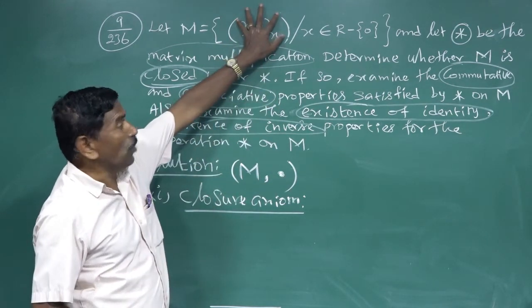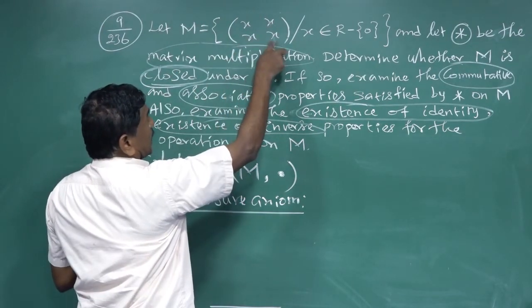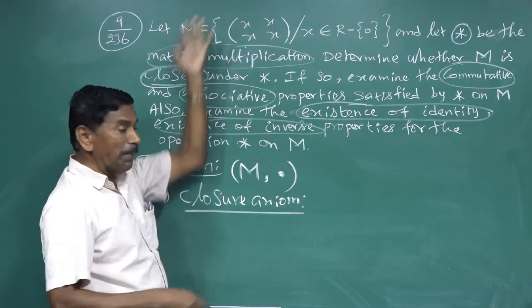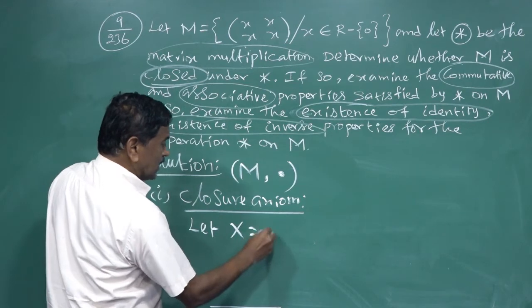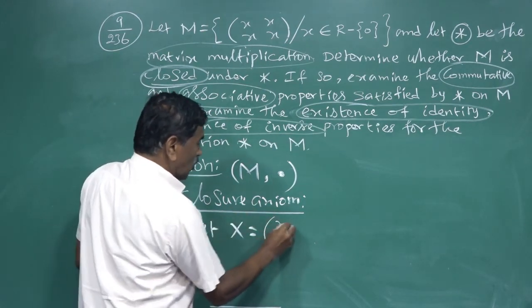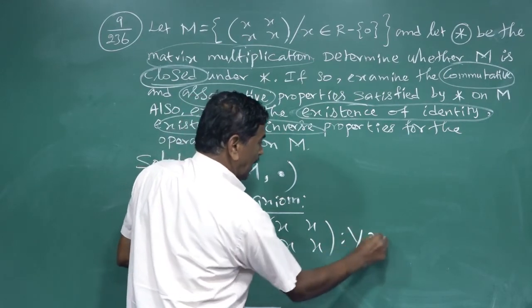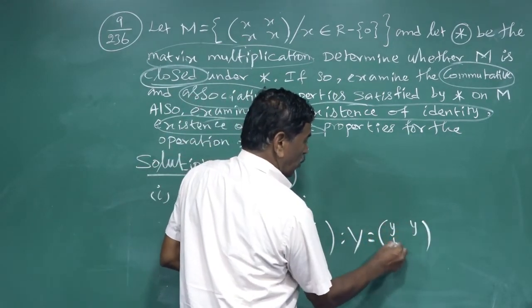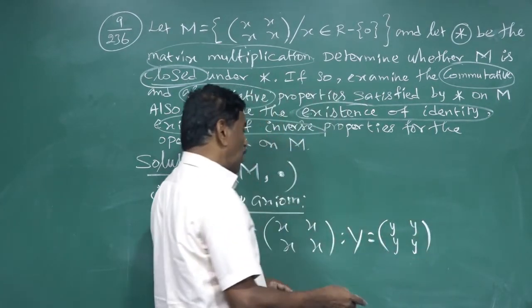Here the matrix is given by a capital letter name. Let capital X be equal to [x x; x x], and capital Y be equal to [y y; y y]. These 2 elements belong to M.